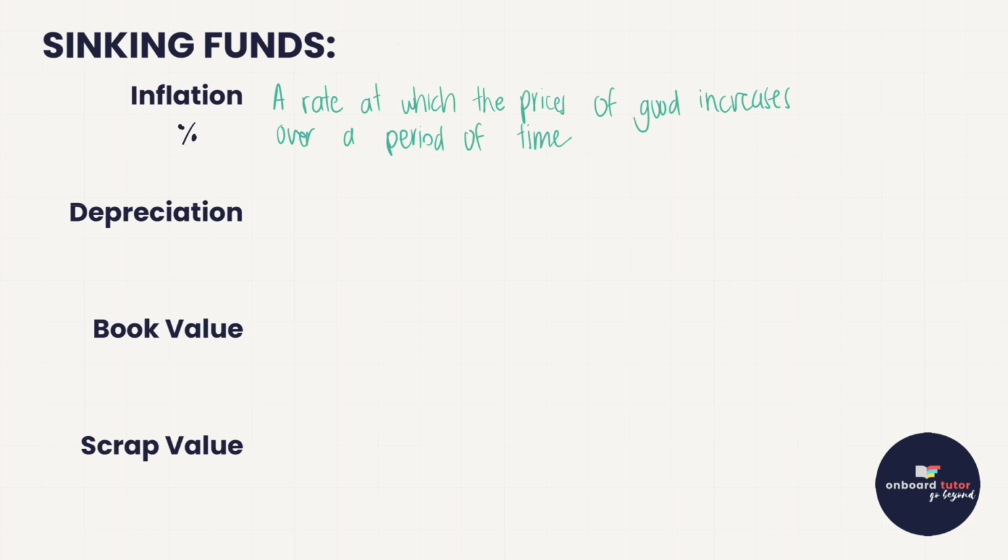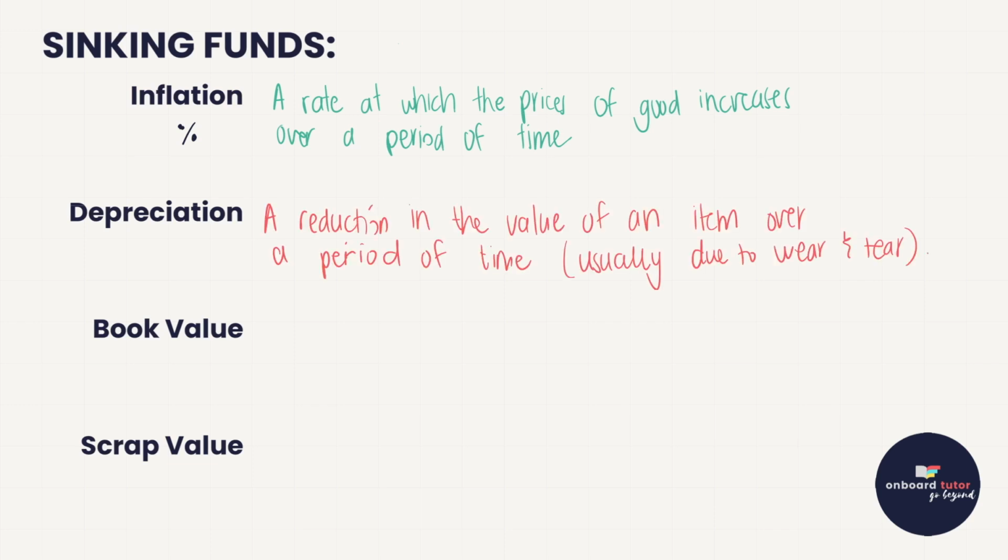Okay, and then the opposite of inflation is depreciation. So where inflation is the value of something going up, depreciation is what happens once something starts to be used. So you've heard of people buying a car, and the minute that they drive it off the showroom floor, it is suddenly worth less than when it was a brand new car.